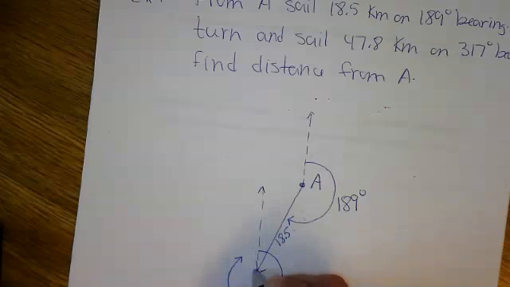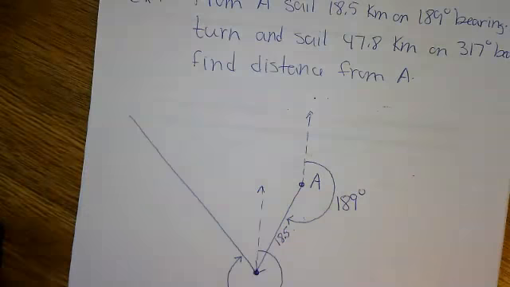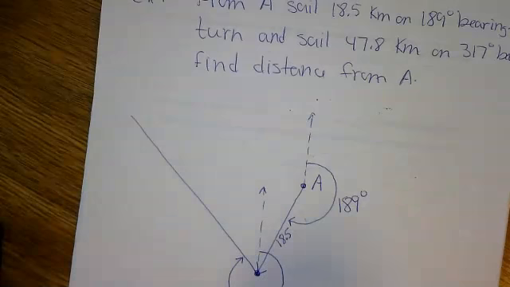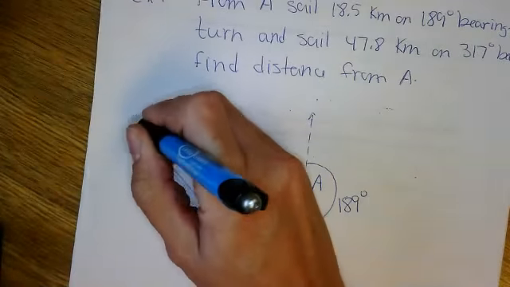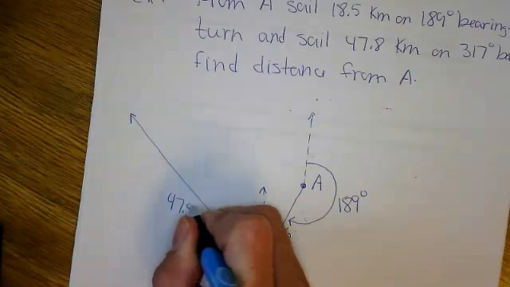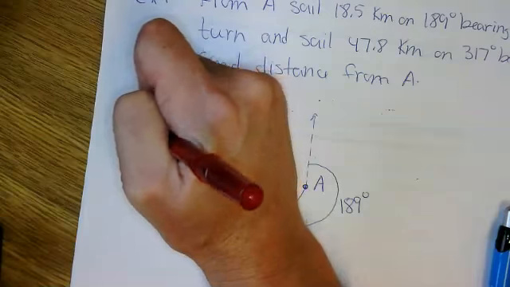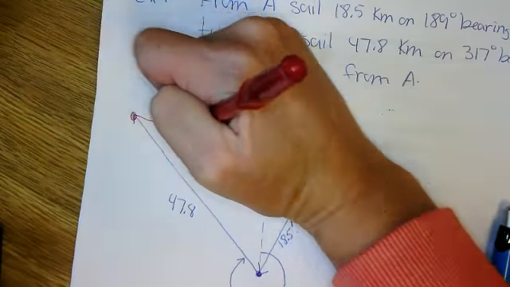And 47.8. Oh, that's really long. There. Compared to my 18.5. So this is 317. Okay, this is 47.8. The question is, how far am I right now from point A?